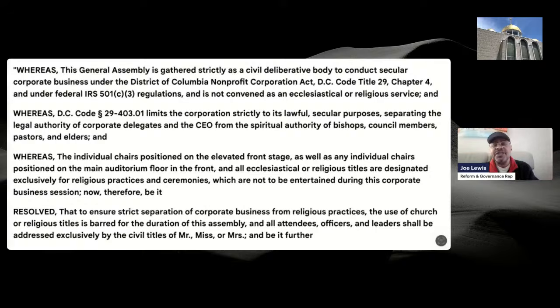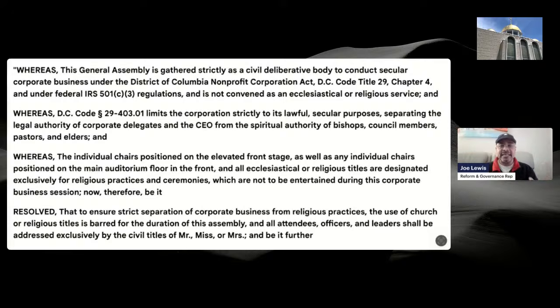Whereas this General Assembly is gathered strictly as a civil deliberative body to conduct secular corporate business under the District of Columbia Nonprofit Corporation Act, DC Code Title 29, Chapter 4, and under federal IRS 501(c)(3) regulations, it is not convened as an ecclesiastical or religious service.